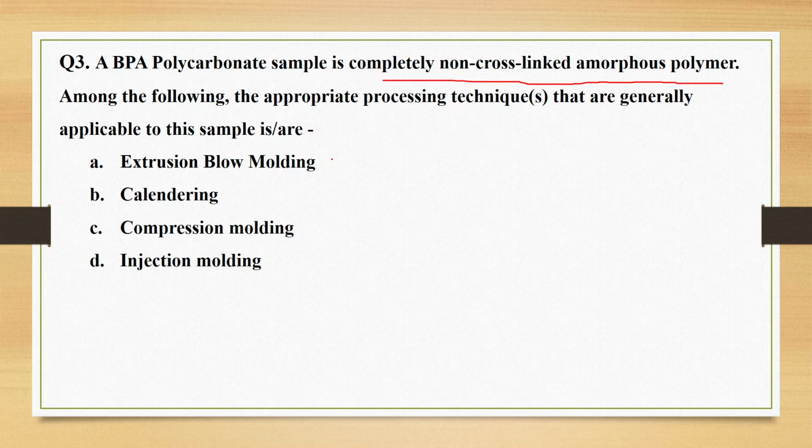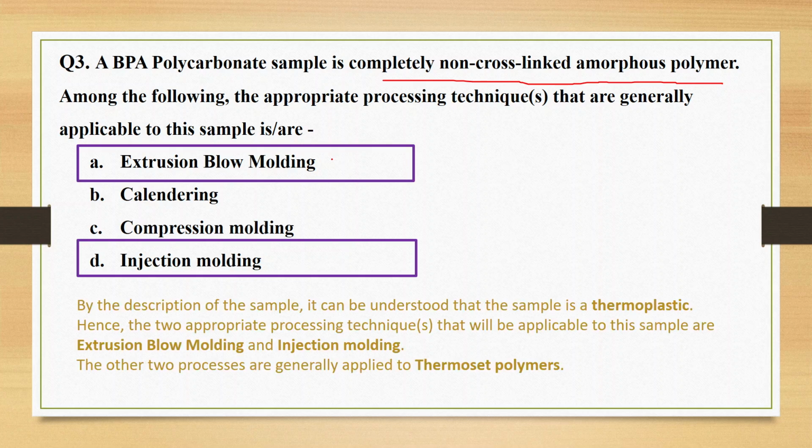Let me show you the correct answer and then I will discuss. The correct answer was extrusion blow molding and injection molding, which can be applied in this case. Why so?